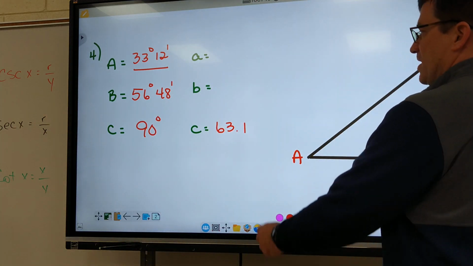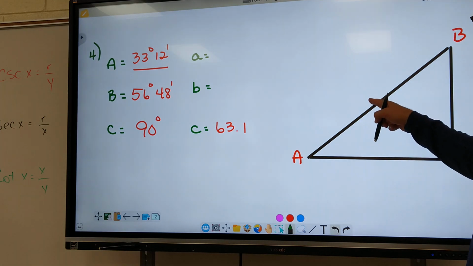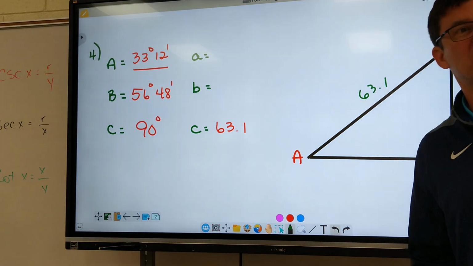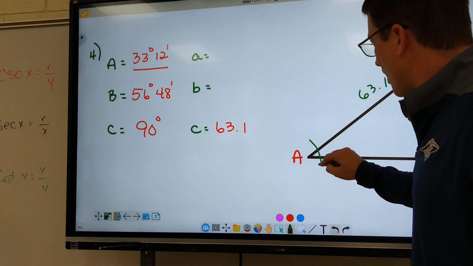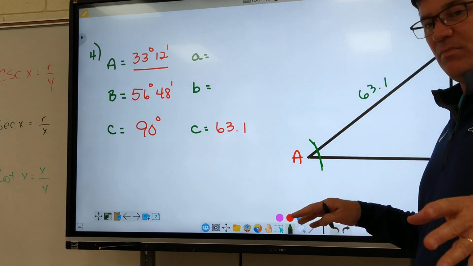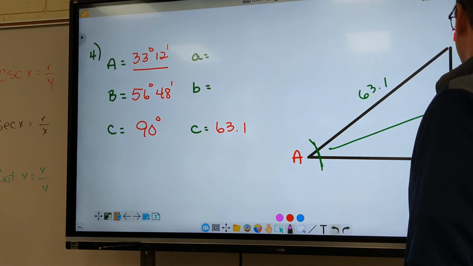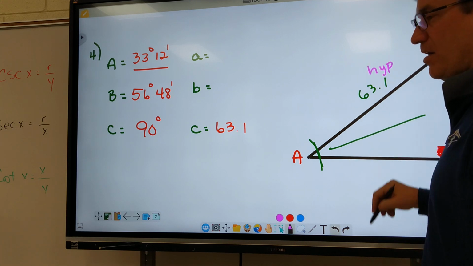All right, 63.1's got to go on side C. Side C has got to be across from angle C. That makes sense that they would be across from one another, right? So if you guys remember, we're going to start at angle A on every problem. Across from angle A is your opposite side. Across from the right angle is your hypotenuse.